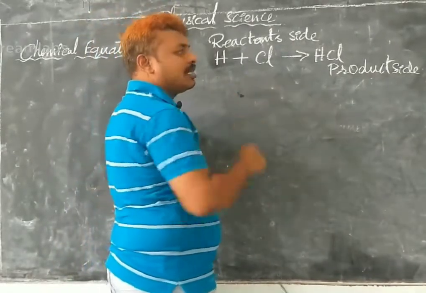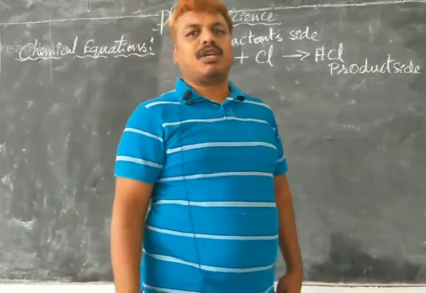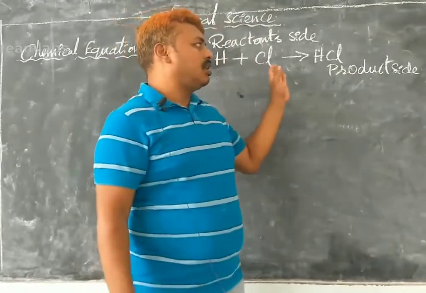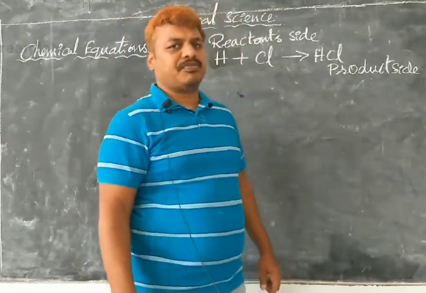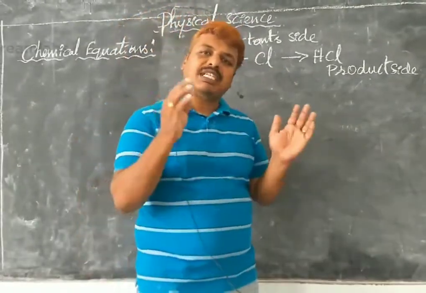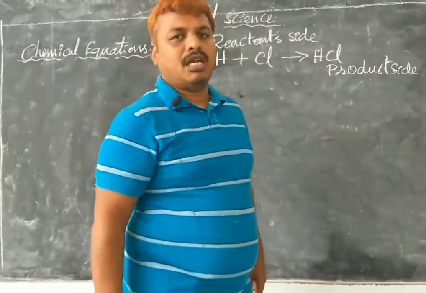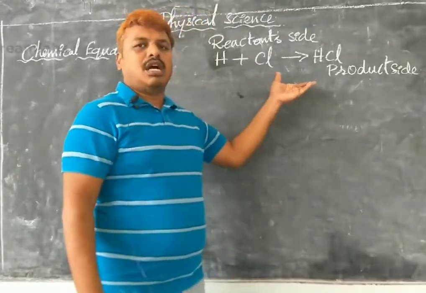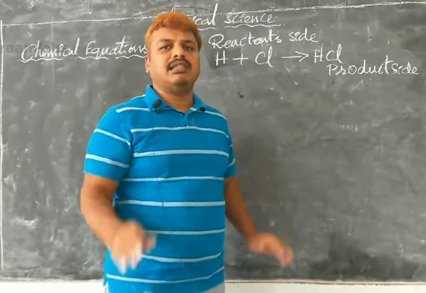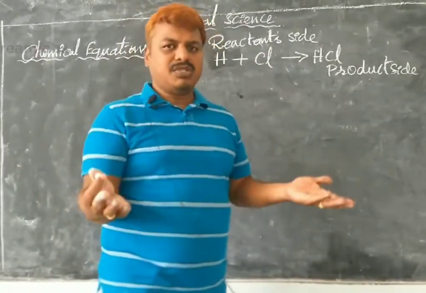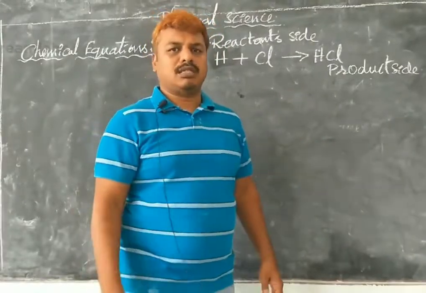Now this is called the skeleton of the equation. The equation represents what substances are mixed and what product it is giving. So here is the equation and this equation has reactants, maybe atoms or maybe molecules.